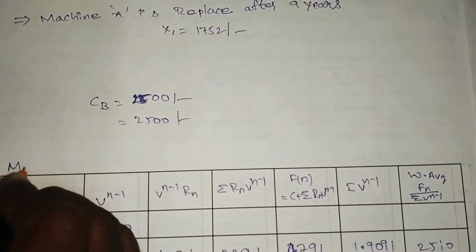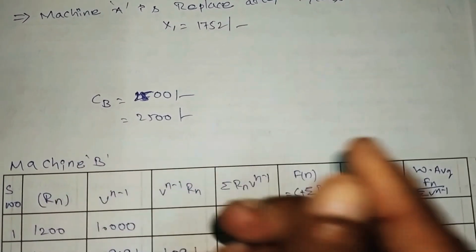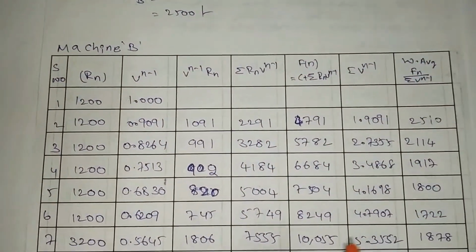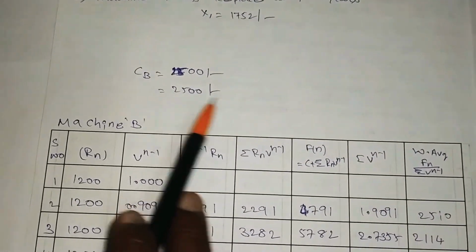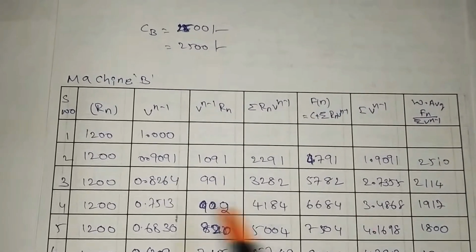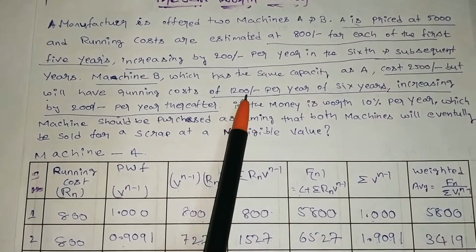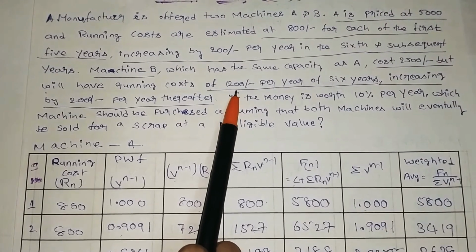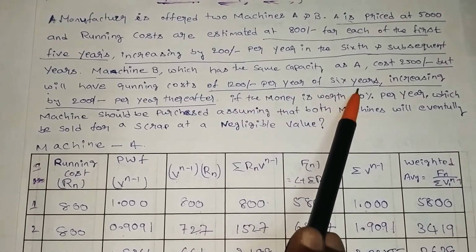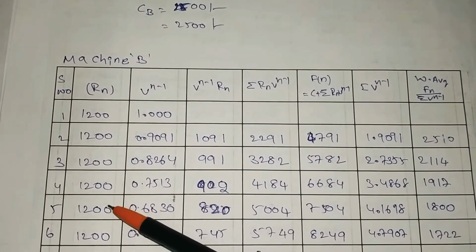Similarly for machine B, the same table; for the calculations only the cost changes. Machine cost is 2500. The running cost for machine B is 1200 per year for the first 6 years: 1200, 1200, 1200, 1200, 1200.